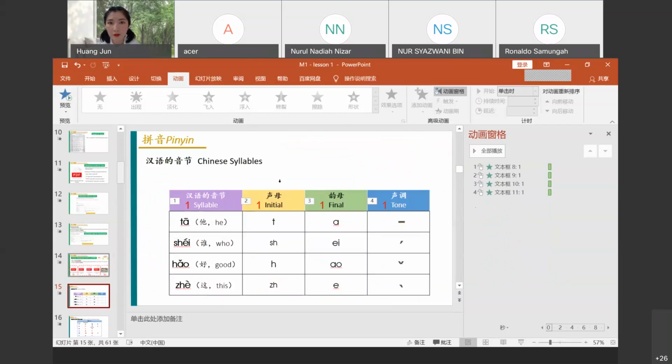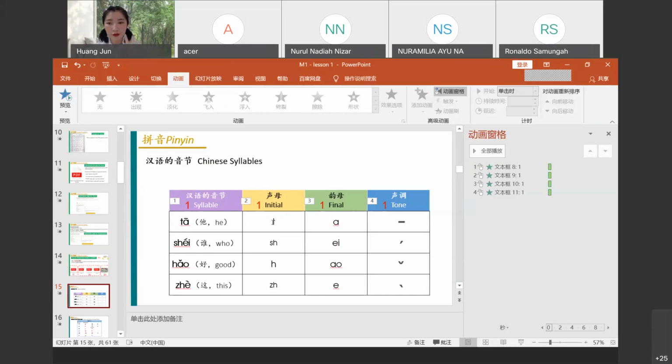Last time in our class, we also introduced the syllable in Mandarin, pinyin. Like these four examples, 他, 谁, 好, 这. Each syllable has one initial, one final, and a tone. Initials are normally the beginning letter of the syllable.